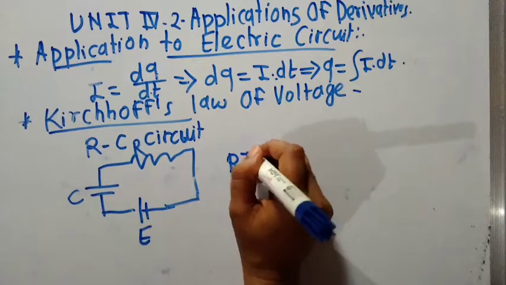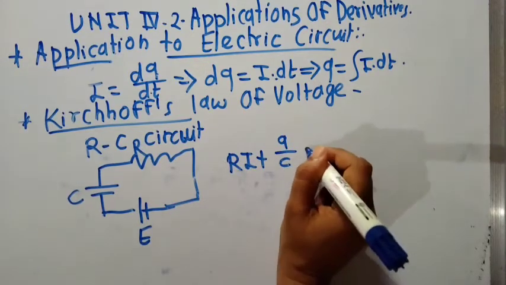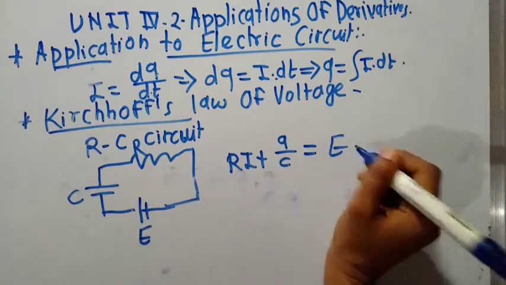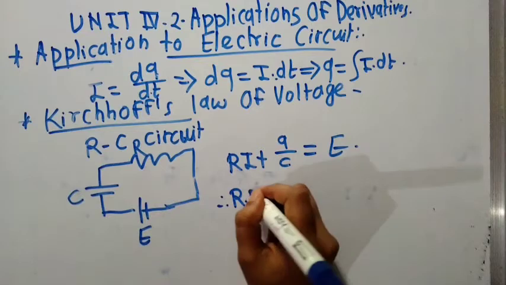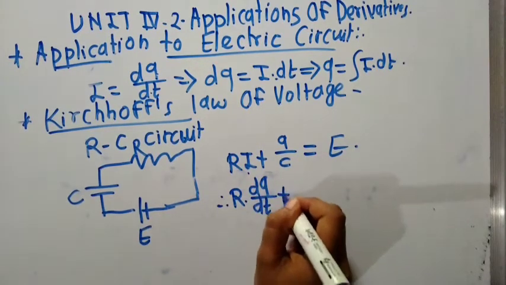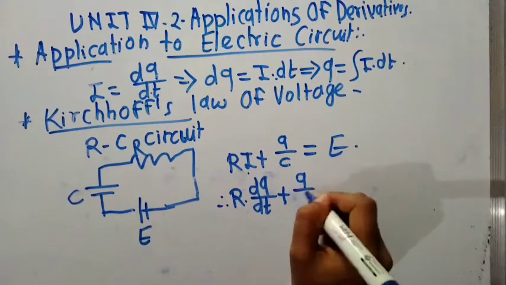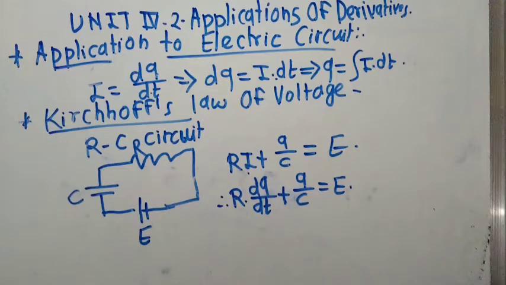Then Ri plus q divided by C is equal to E. Hence R into I, which is dq by dt, plus q divided by C is equal to E.